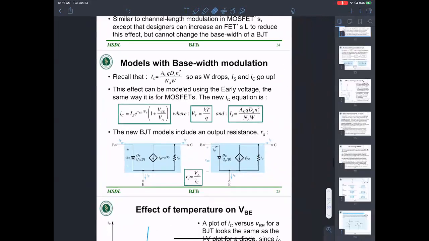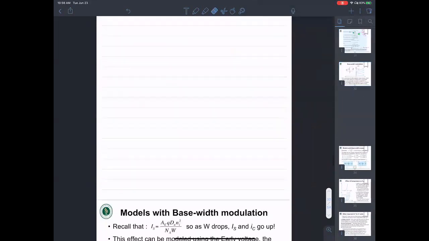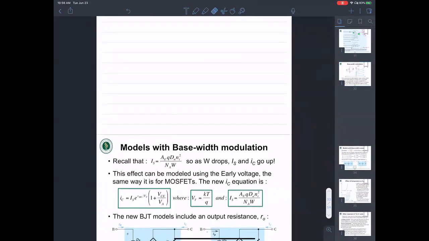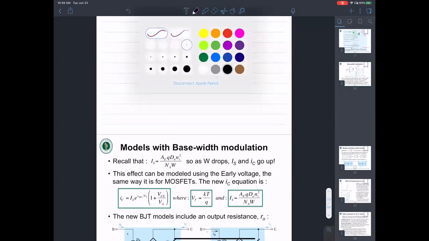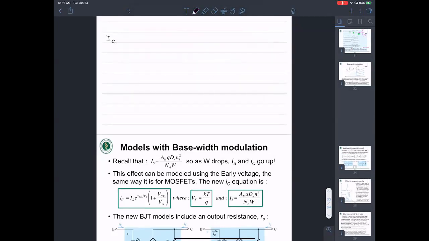I'm going to write this equation here, adding a page. The expression for IC is IS times exponential of VBE over VT, all of that multiplied by 1 plus VCE over VA.